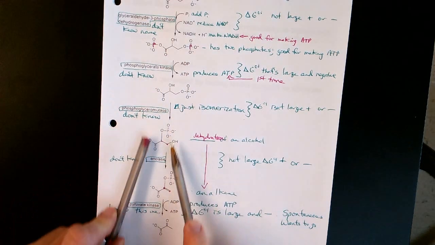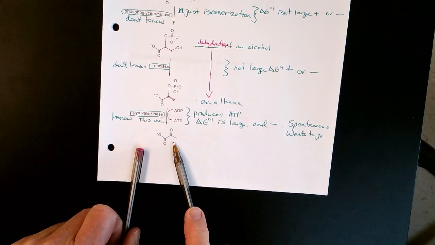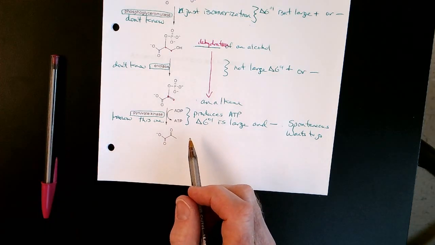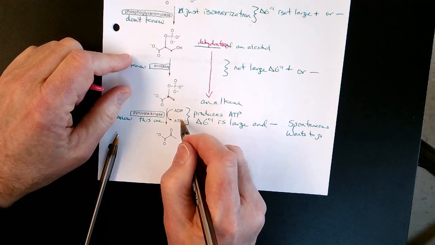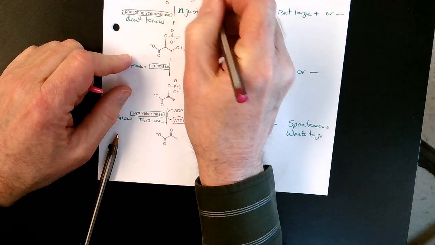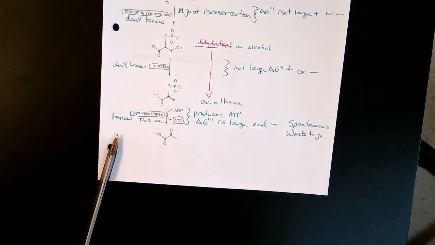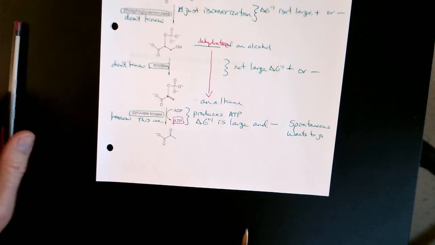Just 1, 2, 3 steps later, when it's all over, there are no phosphates in that compound. Both of them have been transferred, and in transferring they made 2 good news items. There's an ATP produced. Neither one of those phosphates gets wasted. Both of them productively make ATP.